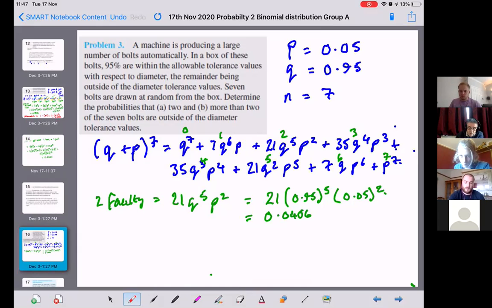Yeah. So you can either do more than 2 is equal to this term, this term, this term, and this term, all added together.